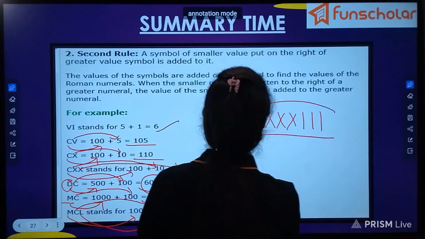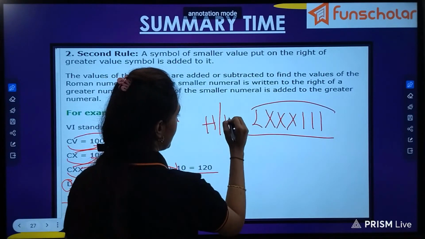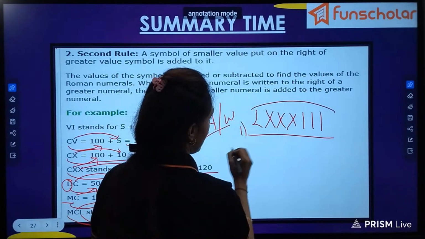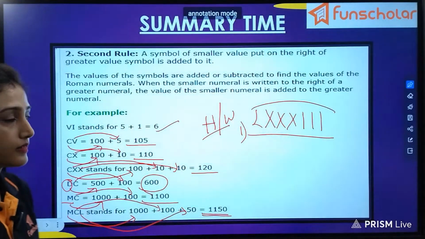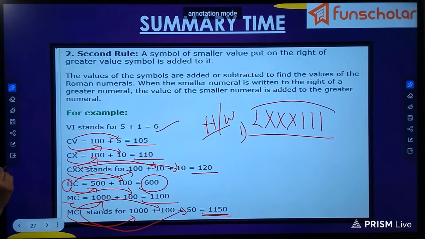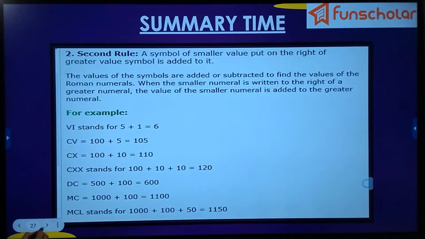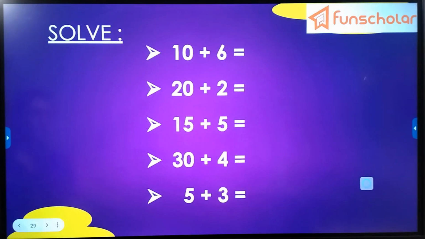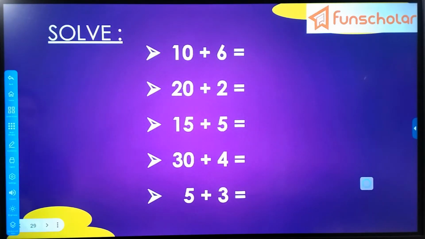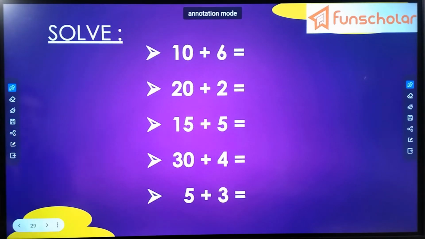Now this is your homework. You try to solve this on your own. Just take a break, pause the video and try to solve it on your own.